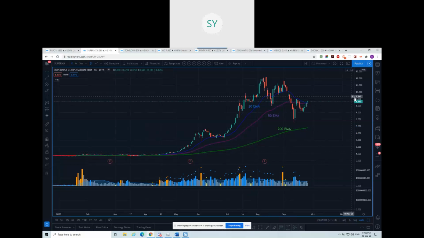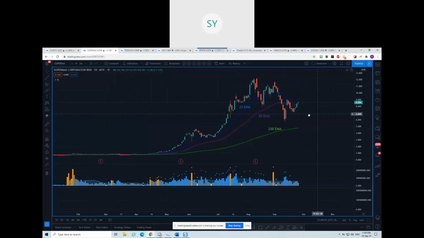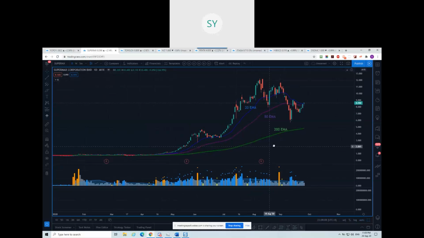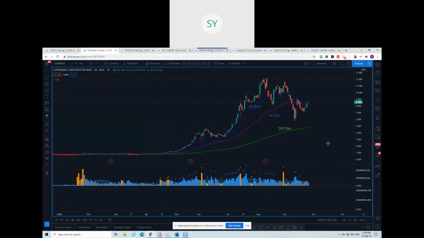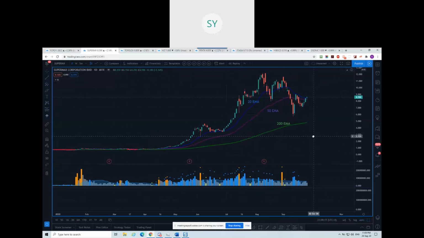So when you look at this structure, we will apply what we learned just now. Of course, here you can see a little bit up, down, up, down.